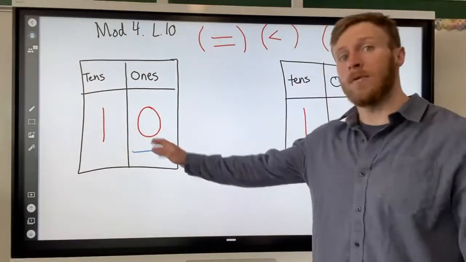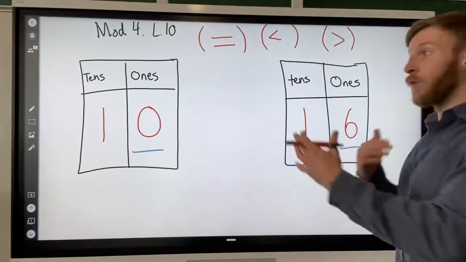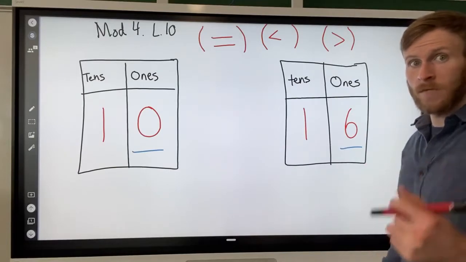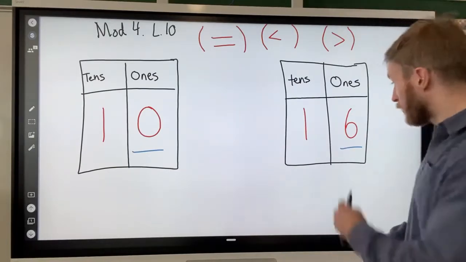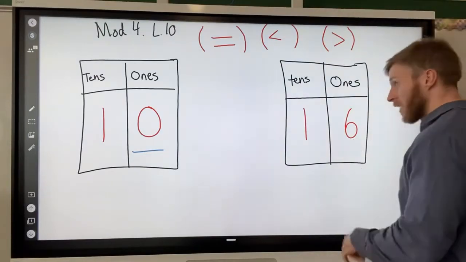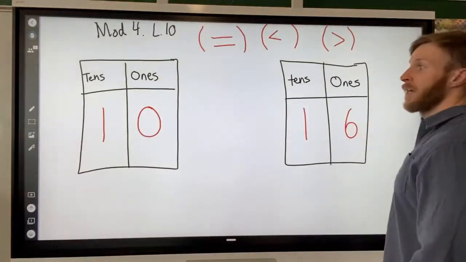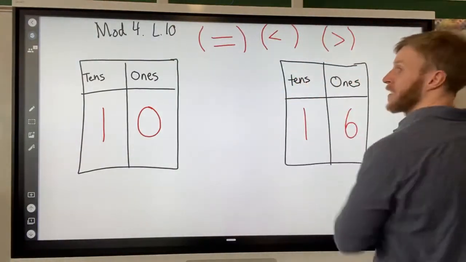We have 0 and we have 6. Which digit is bigger, 0 or 6? If you have 6 cookies and I have 0 cookies, who's got more? You do. So 6 is bigger, meaning this must be the bigger number. So 16 must be bigger. So that means I want the alligator to come and eat the 16 fish, okay?